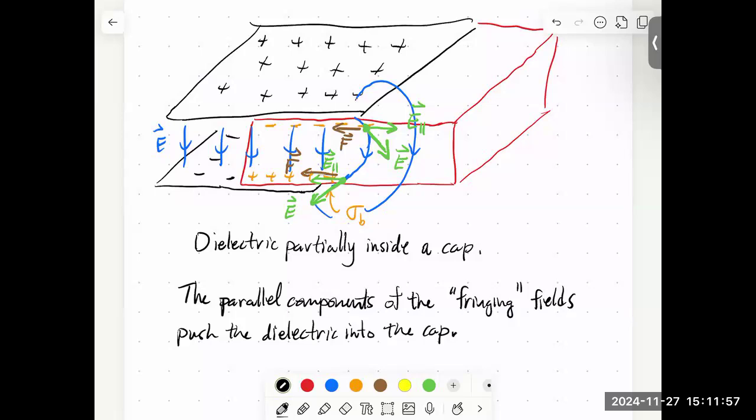And that looked like a series combination of capacitors. Here, if you like, we have part of our capacitor with just vacuum, which is like a dielectric with a dielectric constant of 1. And then you have some other dielectric here. And this you can treat as parallel capacitors, and those capacitors just add.